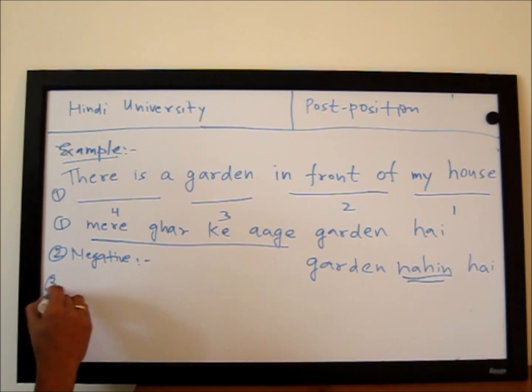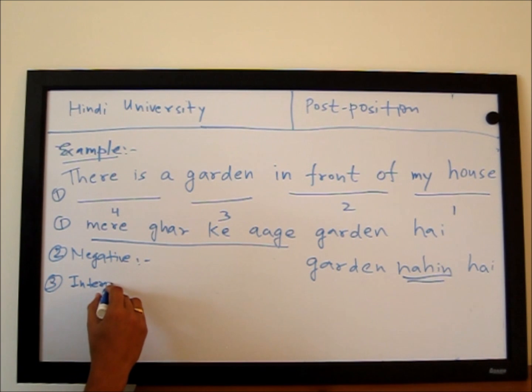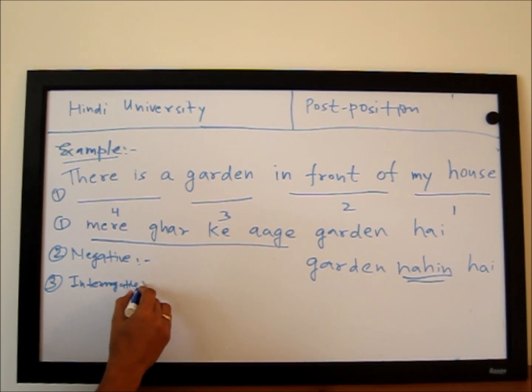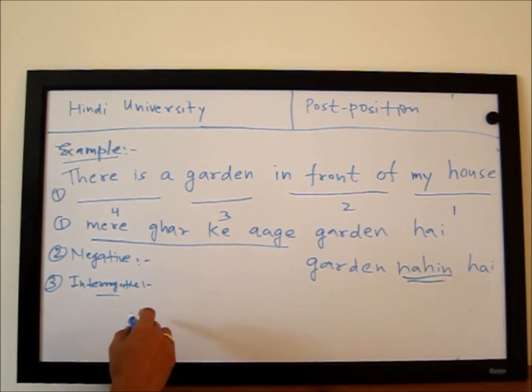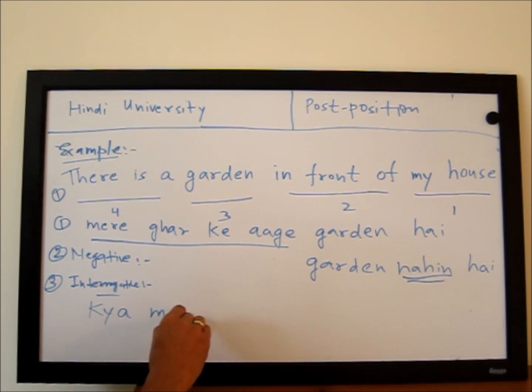Third one, if you remember, we used to practice interrogative. In this case, you will just place the interrogative ahead of your first part. क्या मेरे घर के आगे, or in this case, it makes sense to ask क्या आपके घर के आगे.